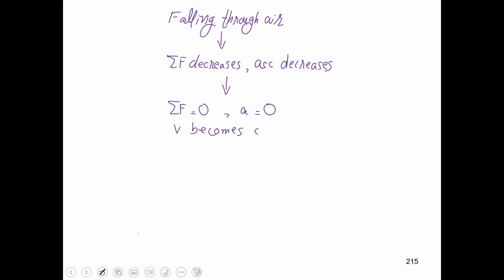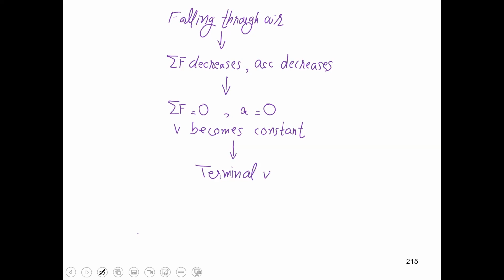Something is falling through air. Now, this is one of the most repeated concepts in our AS physics.